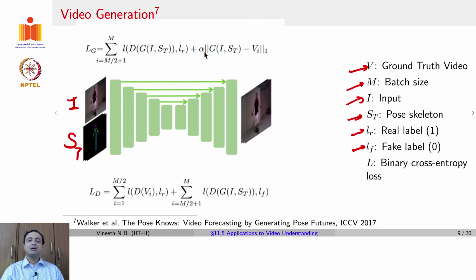This together helps train a model that can generate videos where in the first stage poses are predicted and the poses are then passed on for the GAN to generate videos.